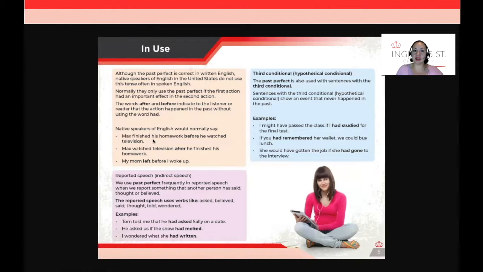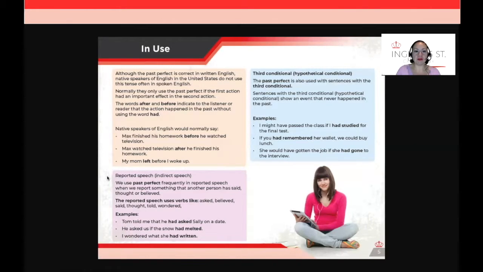That's the first thing that happened, and then he watched television. It's also correct: Max watched television after he finished his homework. My mom left before I woke up. Both are in past simple, because native speakers do it in that way in the United States.